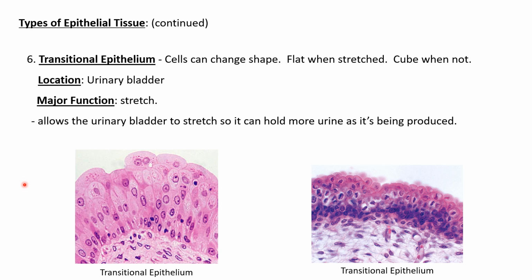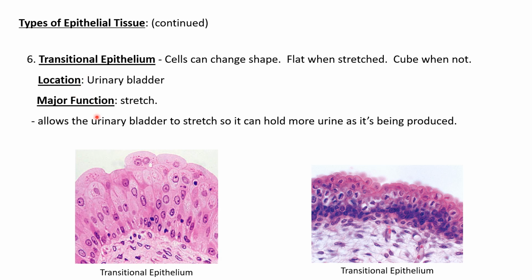So the location is the urinary bladder. So you think of the urinary bladder, after you empty it, the cells will not be stretched and they'll look like this, okay? But as you sit there and your kidneys filter your blood and produce more and more urine, and the urine fills up your bladder and your bladder will stretch more and more, then the cells are going to look more flat.